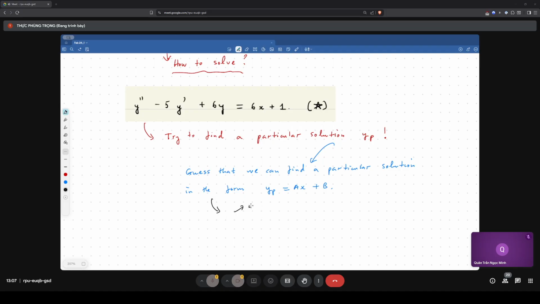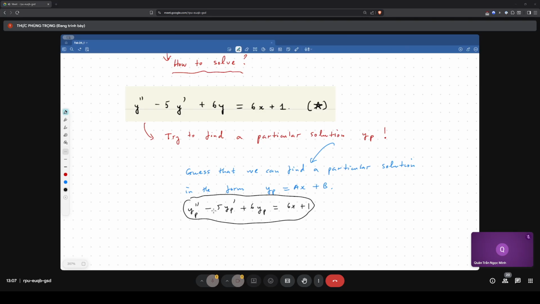So from here, you differentiate y. And then you put them in here, right? So maybe I do that for you. When you have a particular solution, you need to have this one, right?